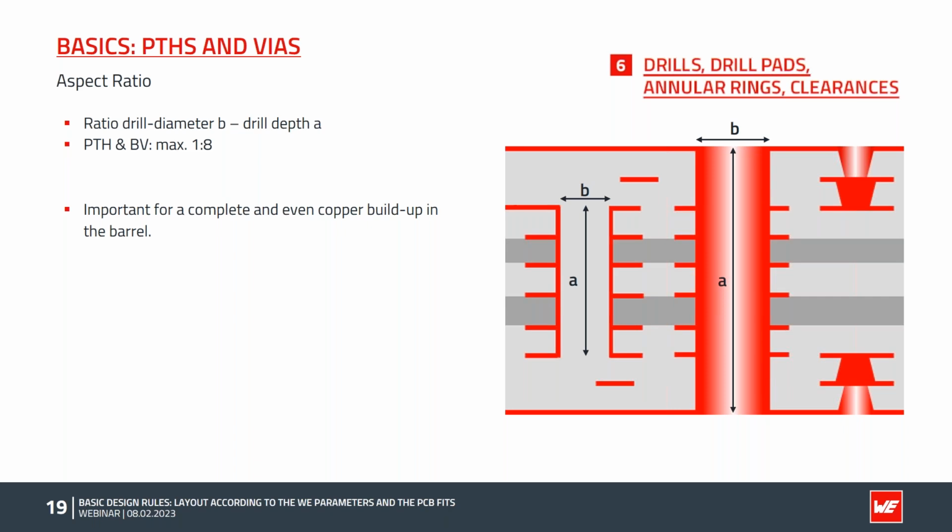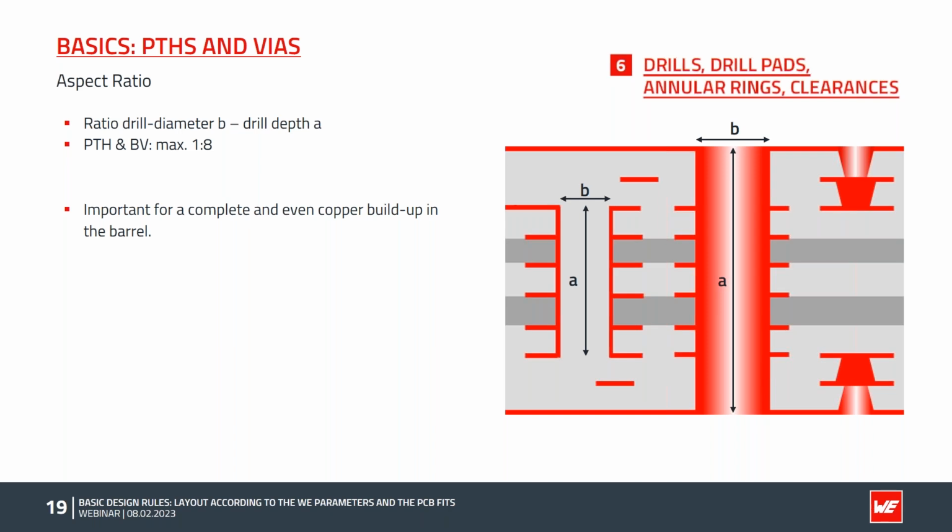It could also be vice versa, A to B. So be sure to talk about the same definition if you compare aspect ratios. And regarding aspect ratio for plated through holes, there is a maximum ratio of 1 to 8. And why is this important? The aspect ratio is decisive for an even and complete metallization in the drill barrel. So that's important for the quality.